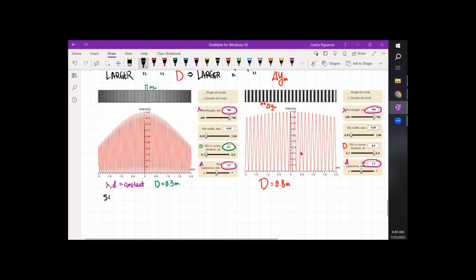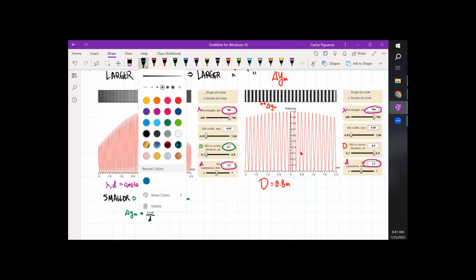So if I have a smaller D, then that means I'm going to have a smaller fringe separation delta y of m. And that's because delta y of m is directly proportional to lambda, little d, big D, like this.